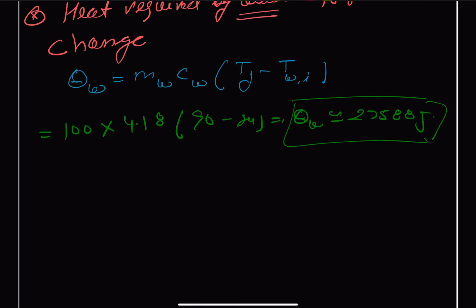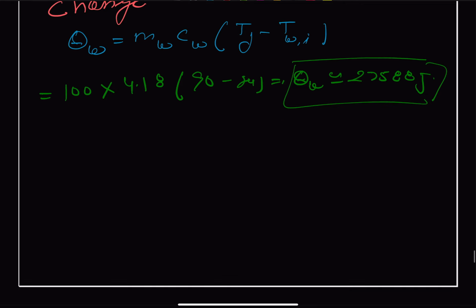Now as we are going to add steam to the water, the temperature of steam is 100 degrees centigrade and the temperature of the mixture is 90. So obviously some heat will be released by the steam. So we can say the heat released by the steam.